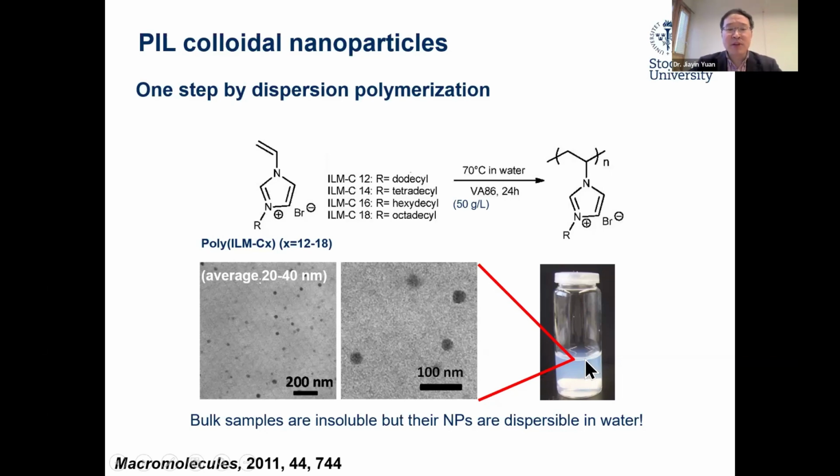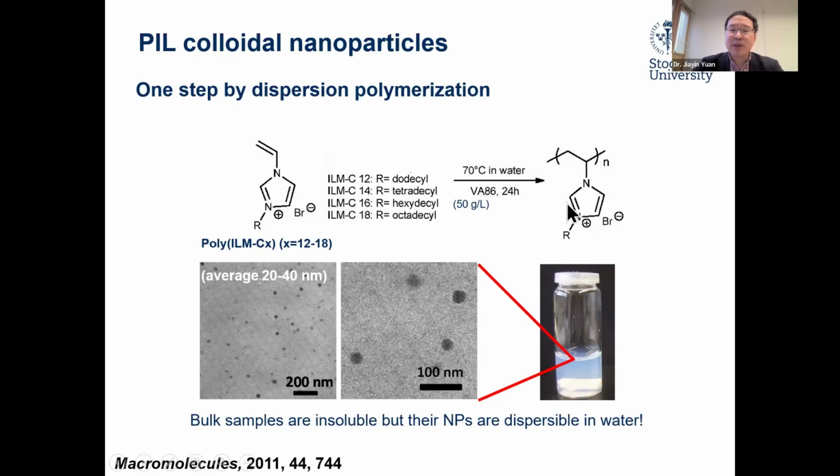When you use transmission electron microscope to analyze its morphology, you could see these tiny particles in the size of 20 to 40 nanometers, right? Very simple. You do not need even a stabilizer for the dispersion polymerization because the ionic liquid itself is a kind of surfactant, right? Very simple, clean process. What is really interesting here is the ionic liquid monomer is soluble in water, but the polymer is insoluble.